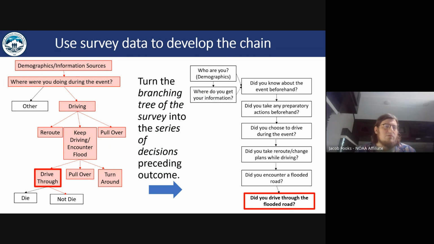Did you drive through flooded water? Did you die? Did you not die? Obviously, in this case, we only have the not die group. If anyone had died, they would not be filling out the survey. So there's potentially a little bit of selection bias there. We'll talk about selection bias in a minute or two. But we're turning this into a sequence of decisions to match this chain idea and figuring out how to estimate that. So go ahead and next slide.